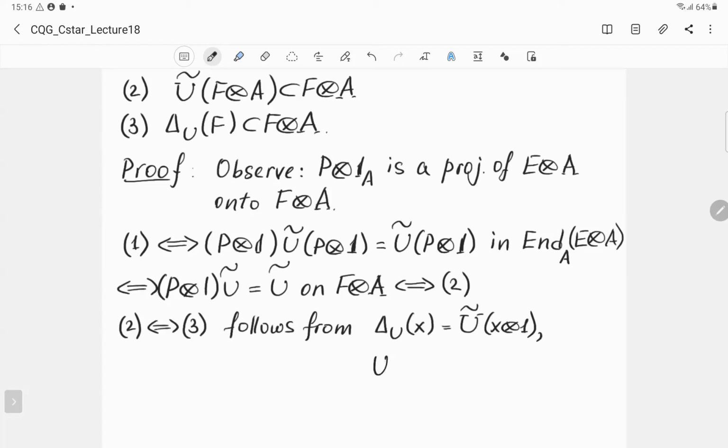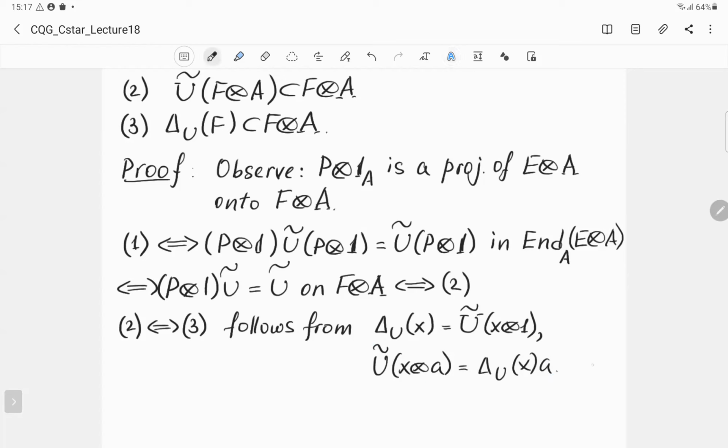And U tilde takes each elementary tensor X tensor A to delta U of X multiplied by A. So this is the explicit formula which gives us the bijective correspondence between U tilde and delta U. And these formulas readily imply that 2 and 3 are equivalent, because if U tilde takes F tensor A to itself, then this formula shows that delta U takes F to F tensor A. And similarly, if delta U takes F to F tensor A, then this formula shows that U tilde takes F tensor A to itself.